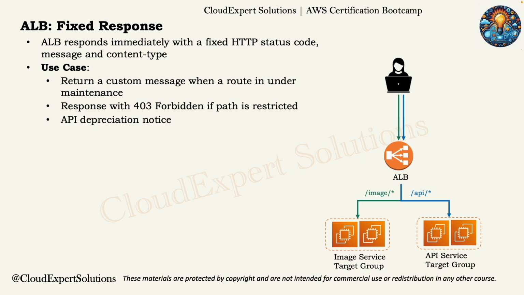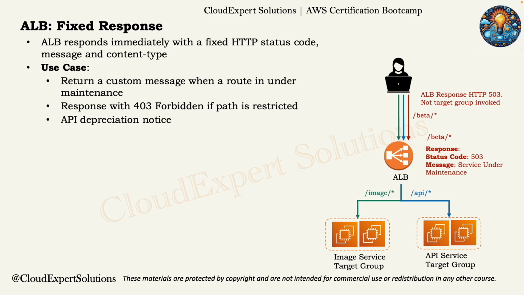Now you can define a new rule, and if the request path is /beta, you want to respond to those requests with a status code of 503, and the message could be service under maintenance, try again later, or any custom message you want. Now when a user invokes that URL with /beta, the application load balancer will return the response directly without even invoking any target group or the EC2 instances for our case.